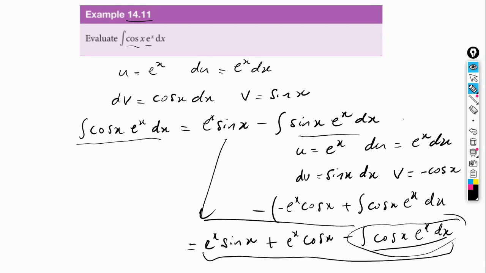We can grab this part and move it to the other side and just add it. So we're going to get 2 times the integral of cosine of x e to the x dx is equal to e to the x times sine of x plus e to the x again, cosine of x.